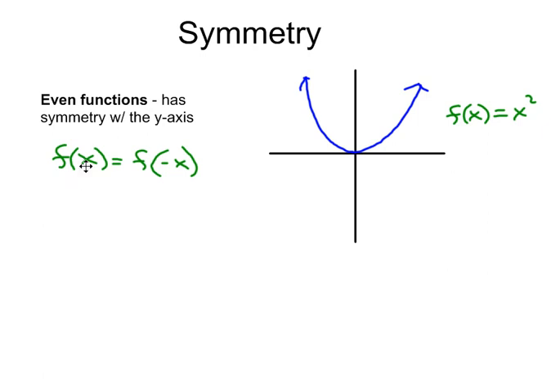Another way to look at it is this function notation here. So if I plug in x, let's say 2 or -2, it's going to have the same value. If you plug in 2 here, it's going to be 4. If I plug in -2, it will also be 4. That is another way to look at even functions.